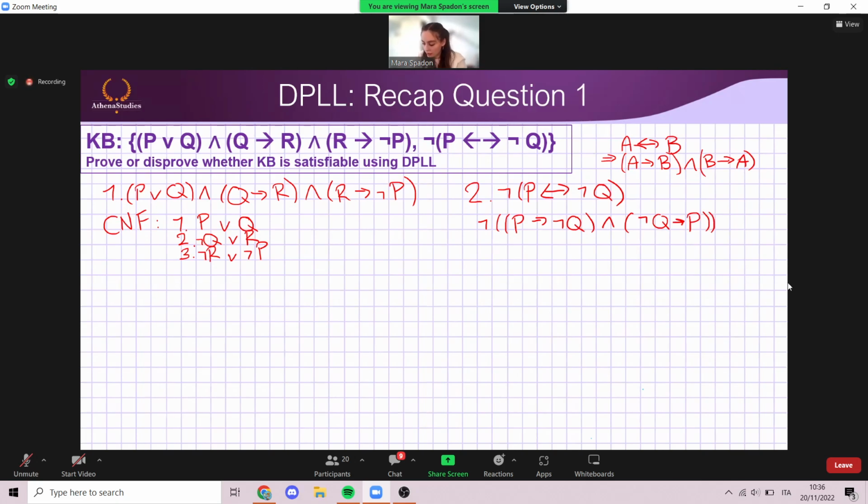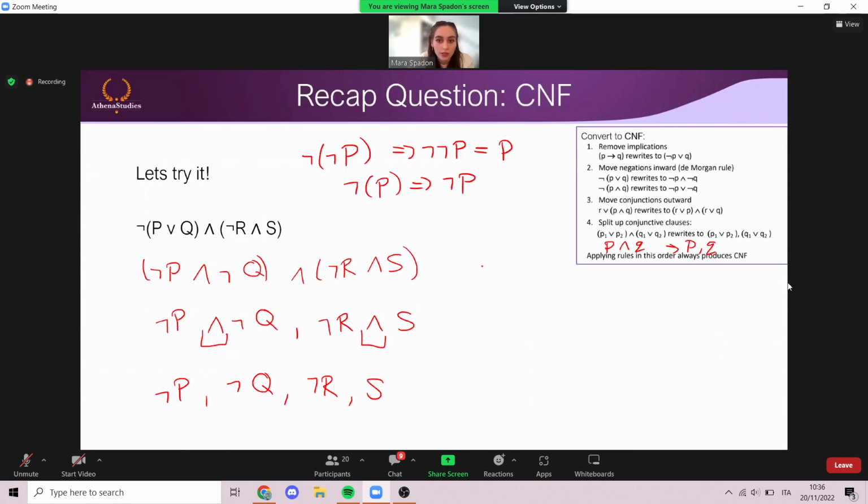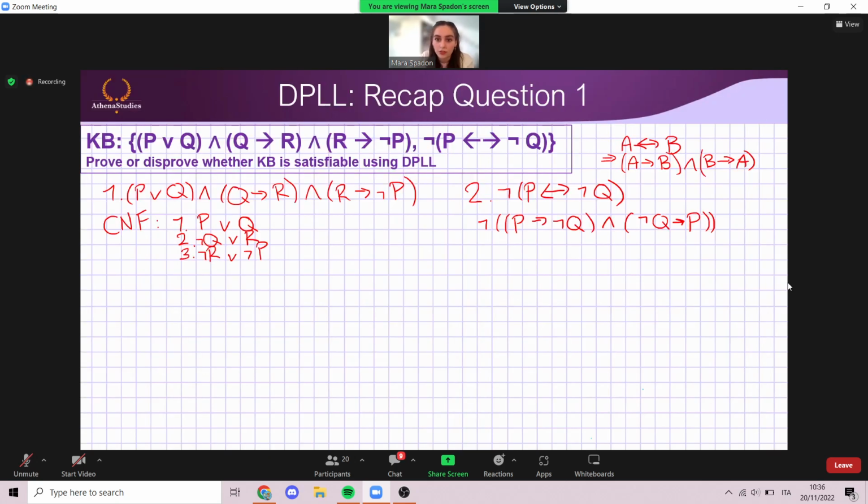Now this one is a little tricky. Let's see. We then use the negation, right? Oh no, sorry, the implication is first. So if we go to our CNF step guide, we remove implications. So here we just keep this as it was, and we have not not P or not Q, and we get not not Q or P. Then we apply this negation to what is inside of here.